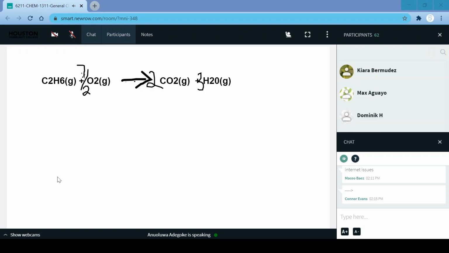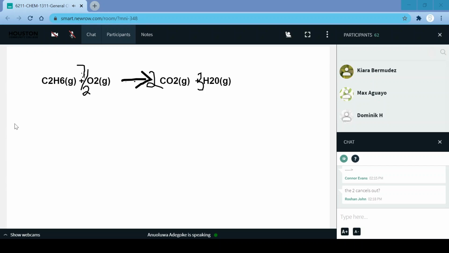Okay, so we put 7 halves there. The reason why we put 7 halves is because we have 7 oxygens on this side. Because 7 is an odd number, it's hard to get the half of it here. So when we put 7 halves here, we go ahead and multiply everything by 2. No, these 2 will not cancel out.